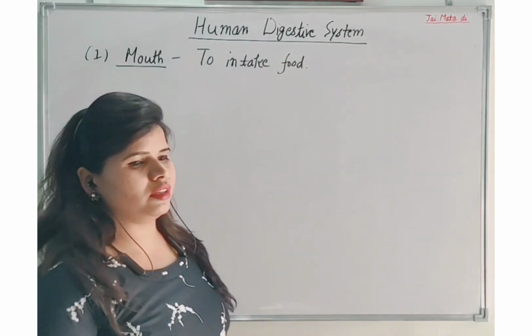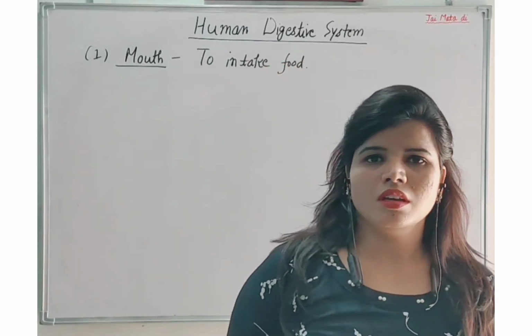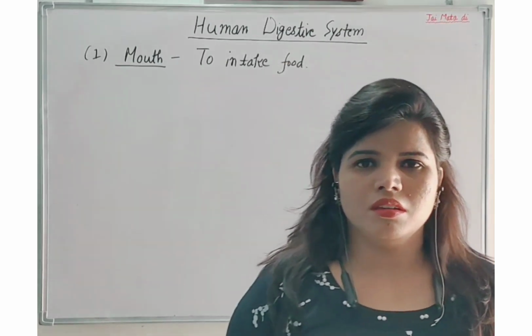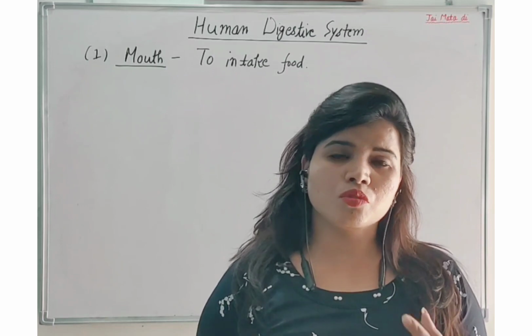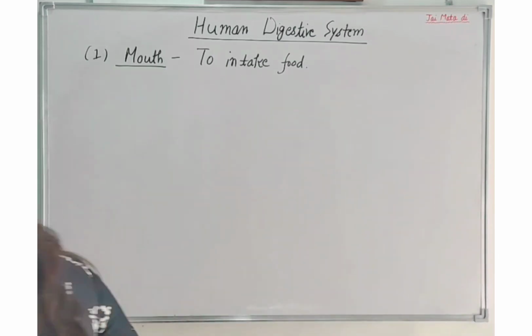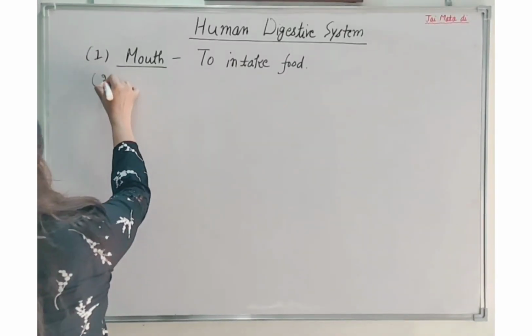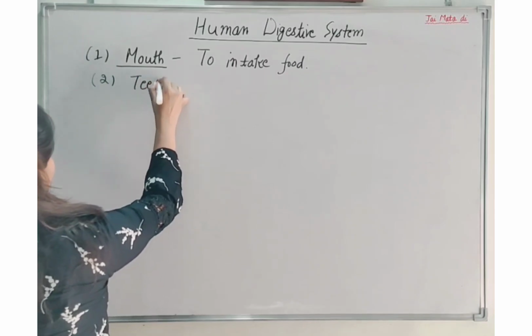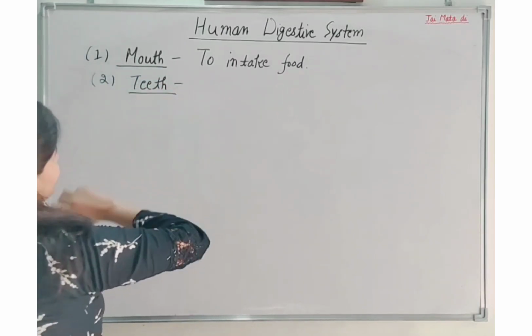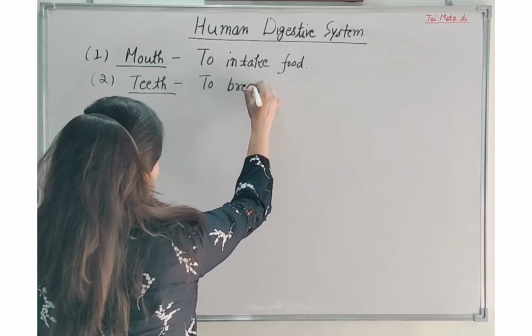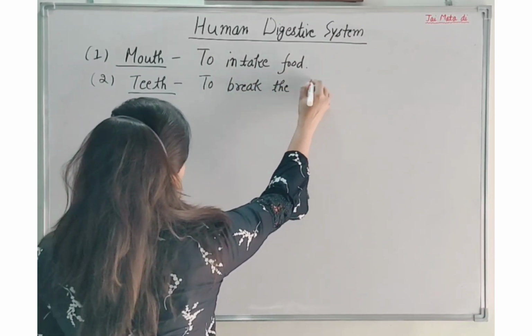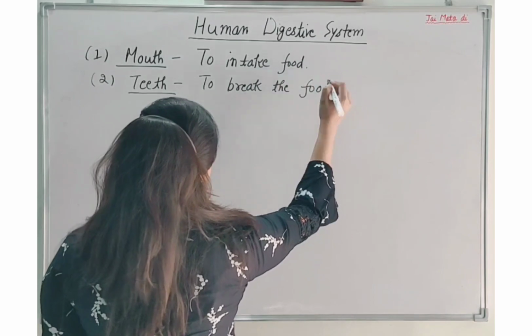The function of the mouth is to intake food, and after eating the food we chew it. Okay? And the second is teeth. The function of teeth is to break the food. Right?